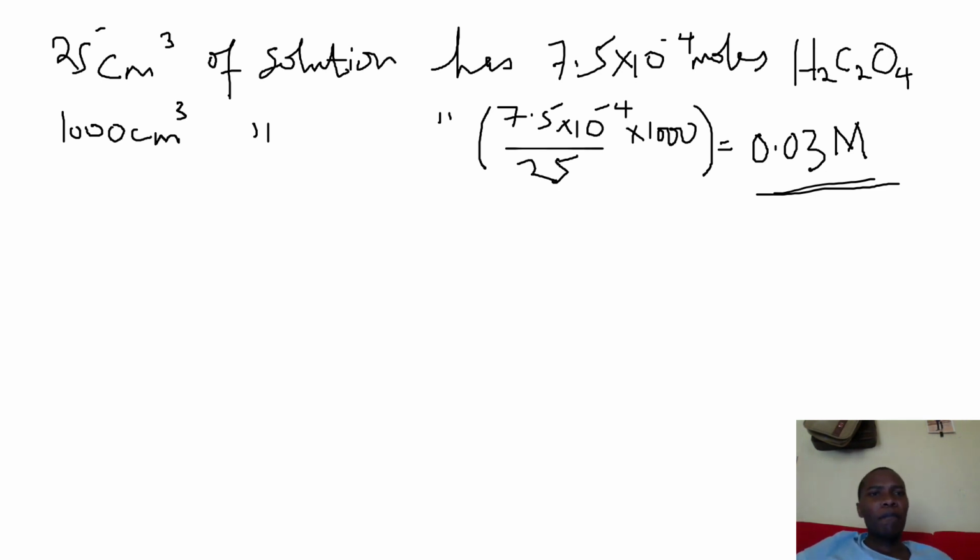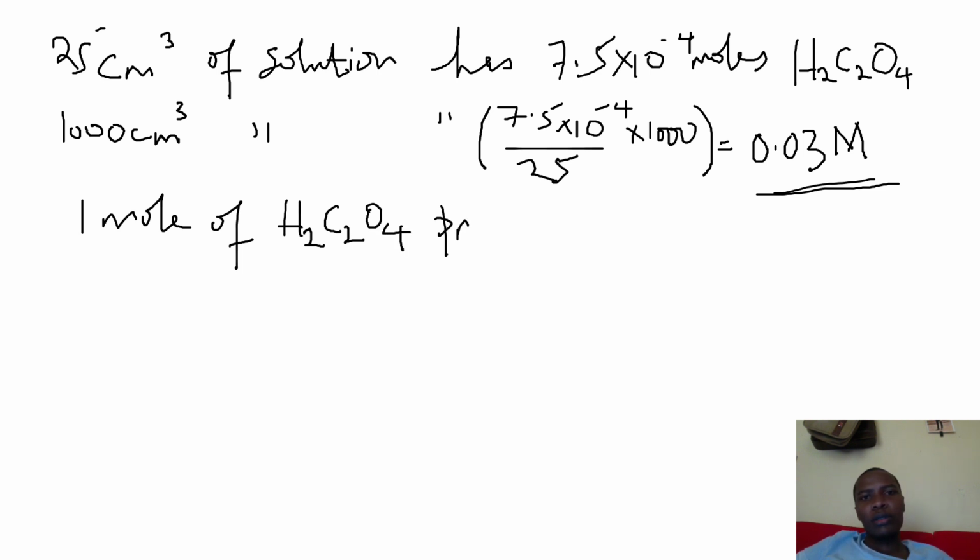So we can say that 1 mole of oxalic acid, C2O4, produces 1 mole of the sodium oxalate. Sodium what?